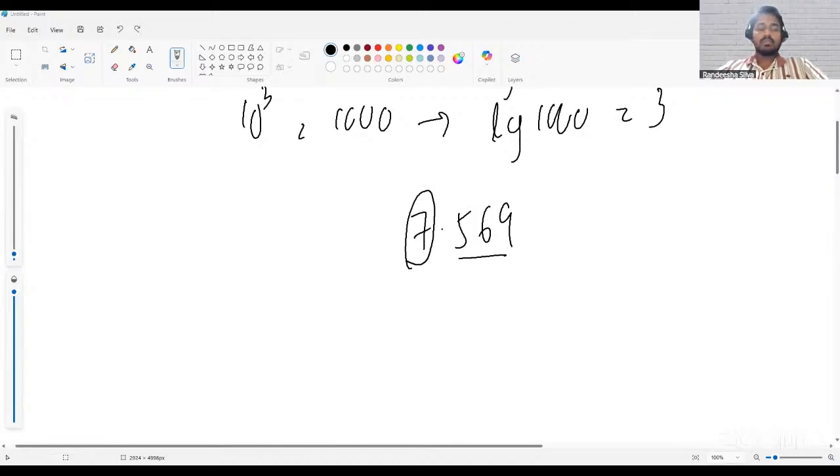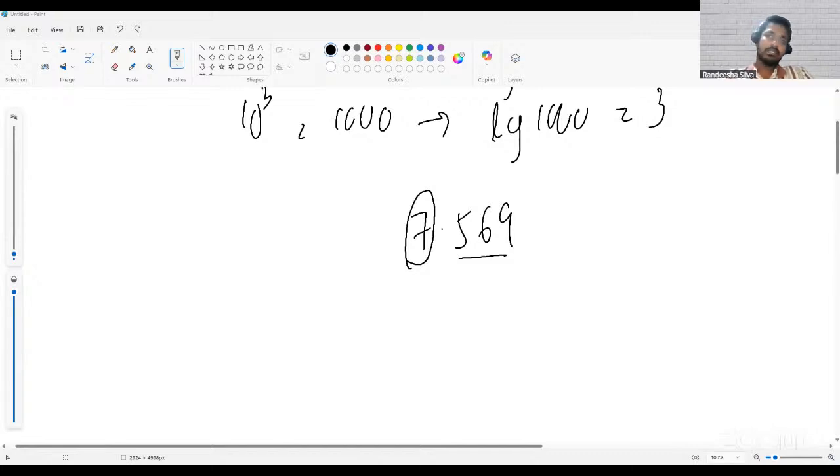Write like this under the topic: to find the logarithm of a number with three decimal places, inside the brackets four digits total.